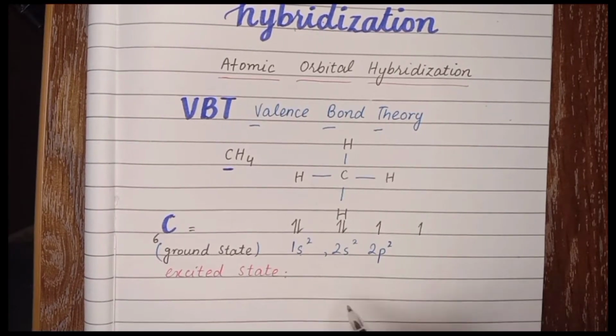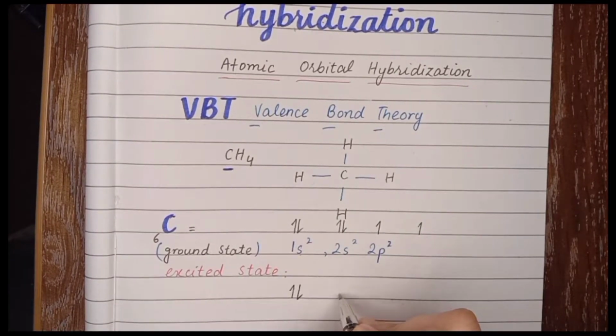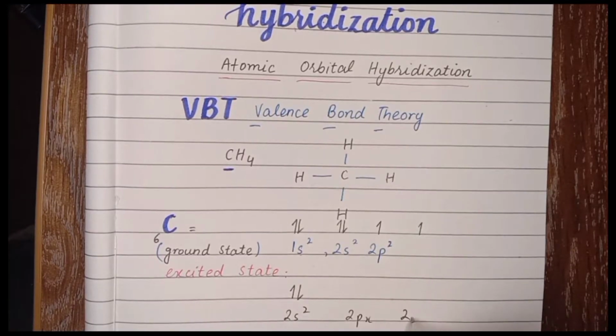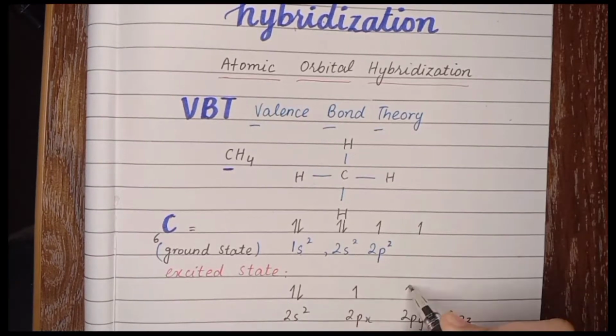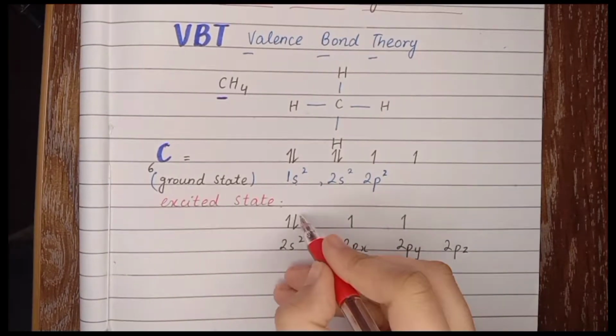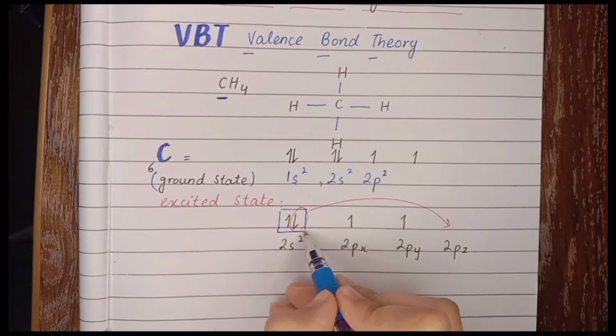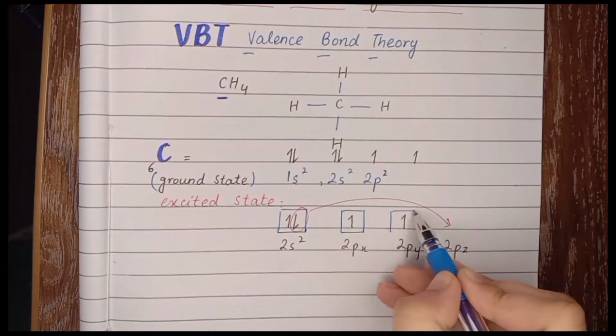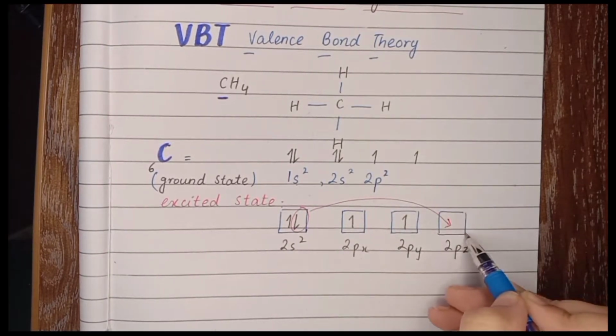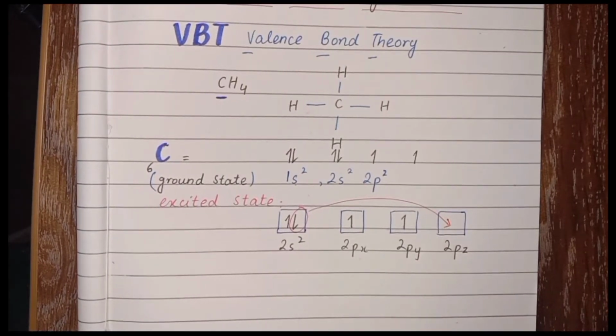Now, in the excited state of the carbon atom, an electron will jump into the p orbital. This is how it happens: an electron from the 2s2 will jump into the 2pz. This is known as the excited state of the carbon atom.